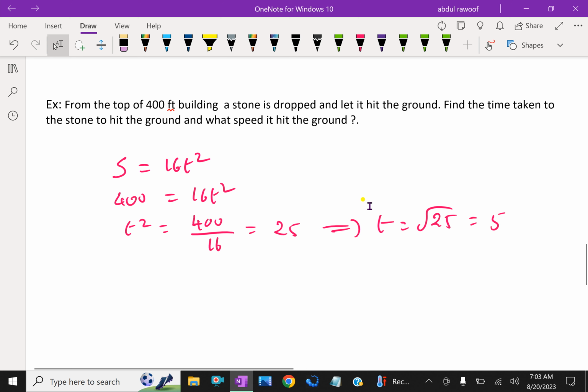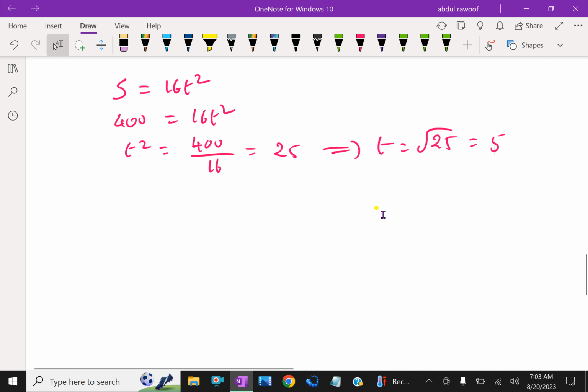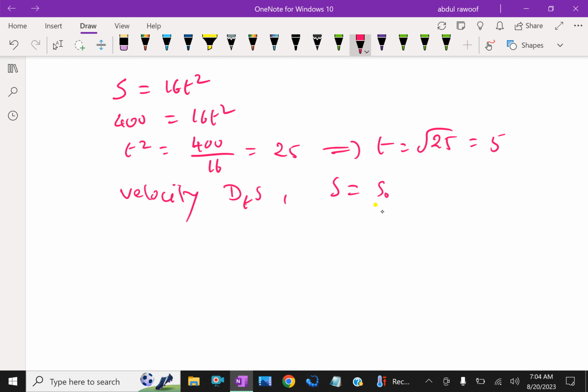The velocity v is the derivative of distance with respect to time, since s equals s0 minus 16 t square.